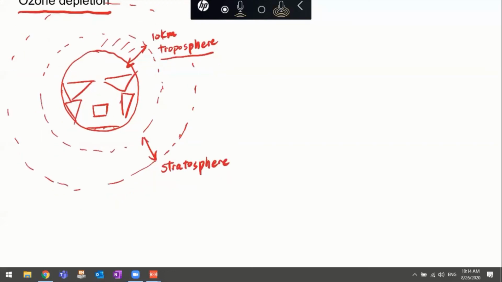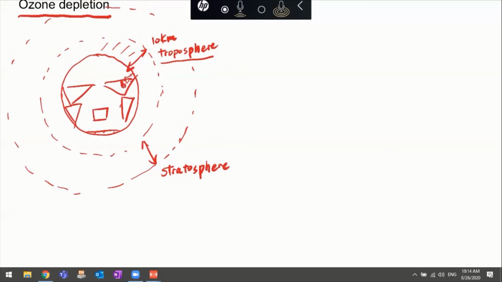So inside the troposphere, the air is well mixed. Let's say we have a power plant sitting up here, and it's emitting, let's say, carbon dioxide, NOx, VOC, right? So these gas species can go through reaction to form ozone, right? The air inside this troposphere is quite well mixed.